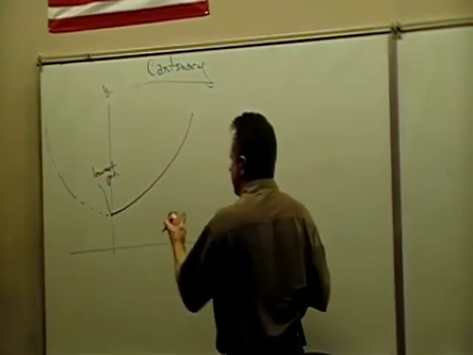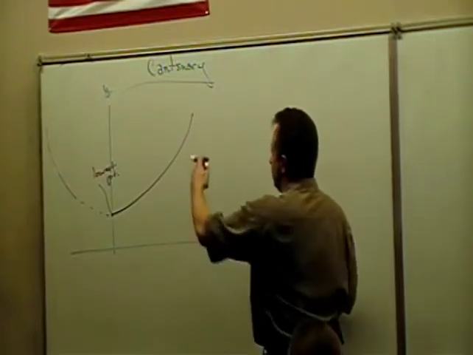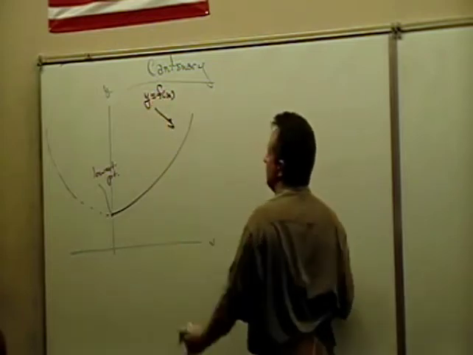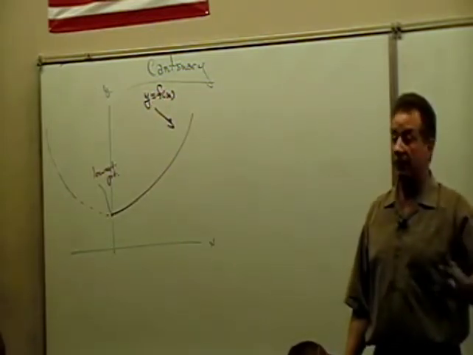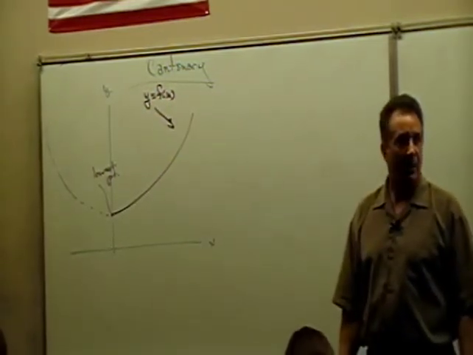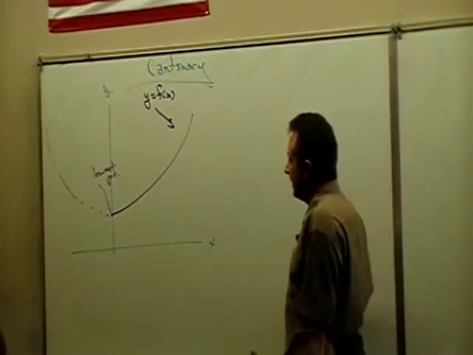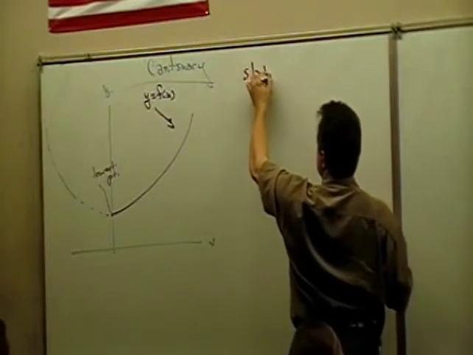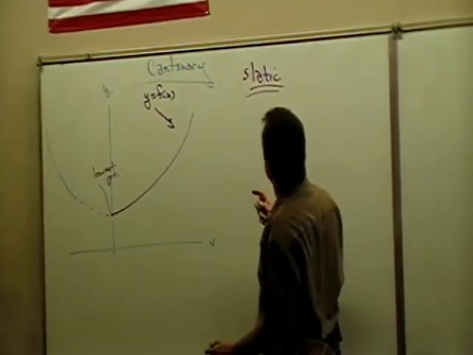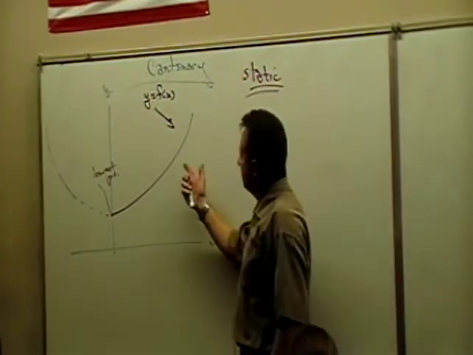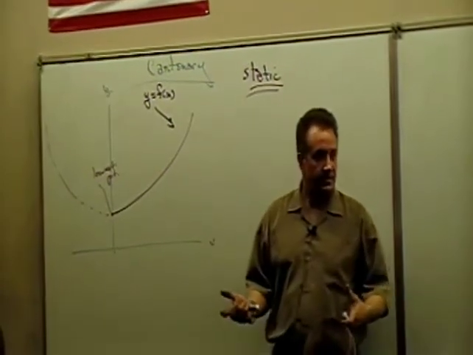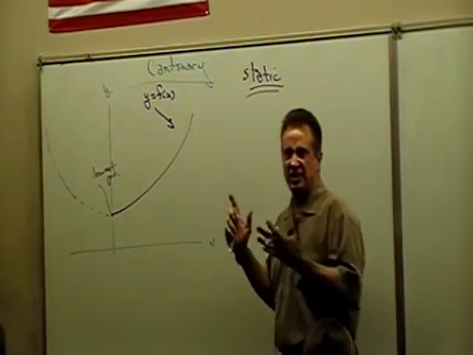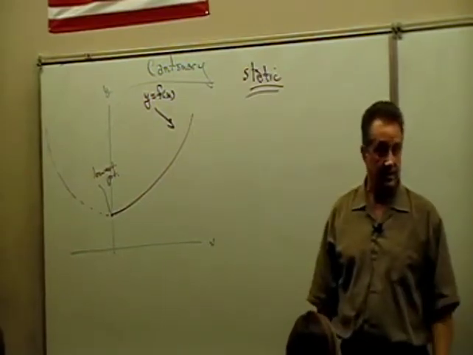Now, if I wanted to mathematically try to model the shape of this curve, I want to find what y is equal to. The curve takes on some shape, and I want to find it, y equaling some function of x. Well, I can find this just by knowing first this is a static case, meaning that the cable isn't moving, it's not swinging, it's not drooping, it's not tightening up, it's just sitting there under its own weight.